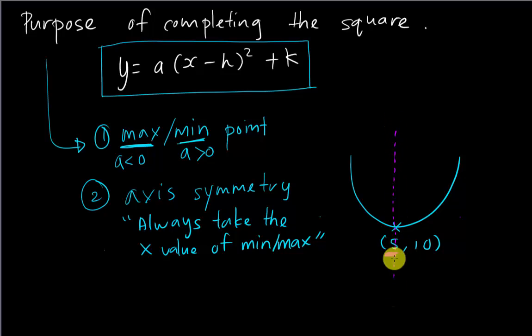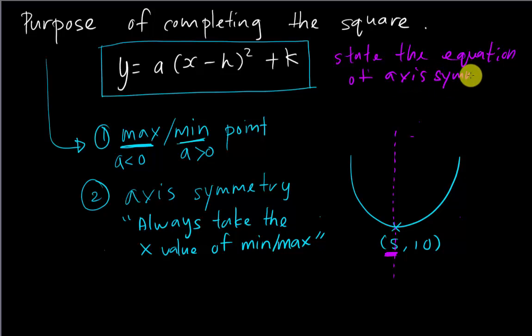In the SPM Additional Mathematics exam, they will always ask you to state the equation of the axis of symmetry. So I always say take the x value of the maximum or minimum. So this equation is x equals 5.